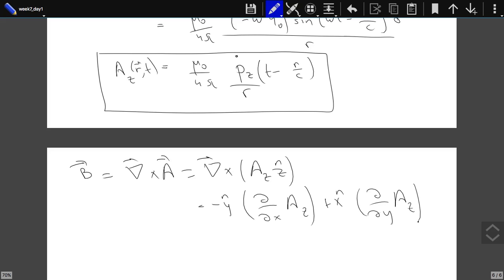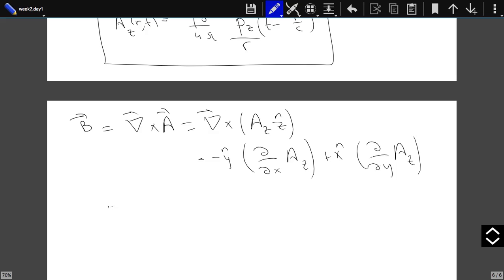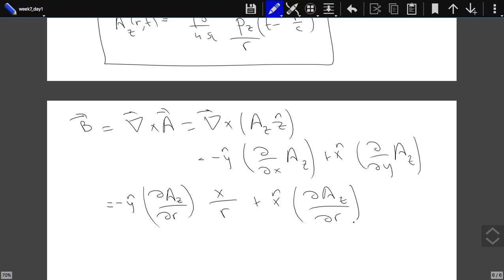Well, A z depends only on r. It doesn't depend separately on x and y. It depends on x and y only through r. So I can use the chain rule. This is equal to minus y hat, the derivative of A z with respect to r, times the derivative of r with respect to x, which is x over r, plus in the x direction, the derivative of A z with respect to r, times the derivative of r with respect to y, which is y over r.